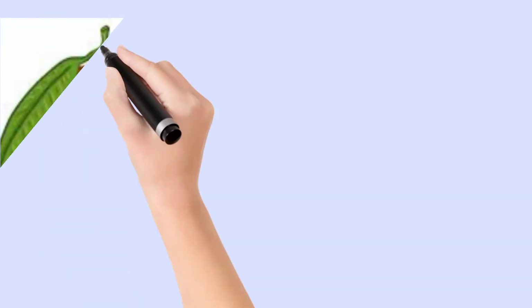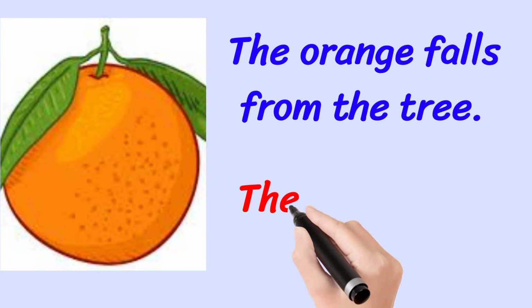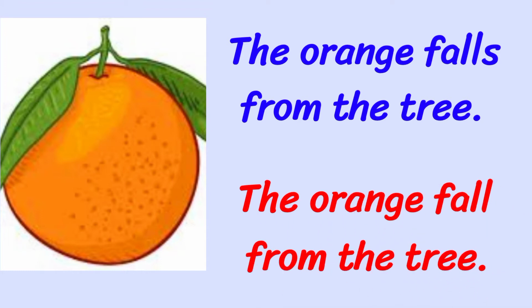Before we go deep into the lesson, can you help me to answer these questions? Which sentence is correct? Look at the picture: the orange falls from the tree, or the orange fall from the tree.